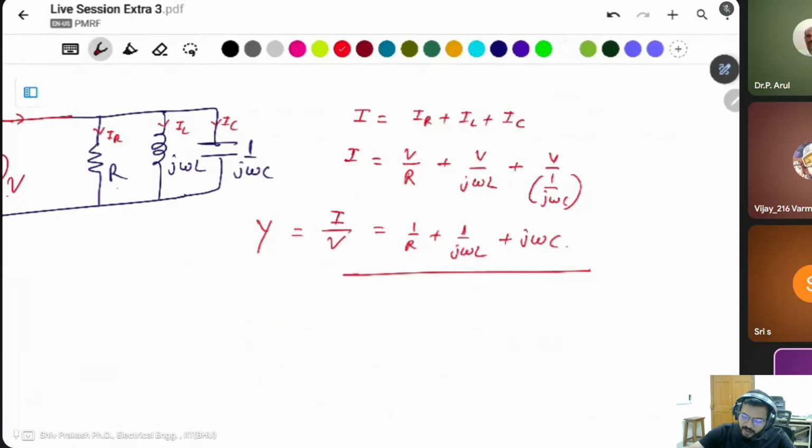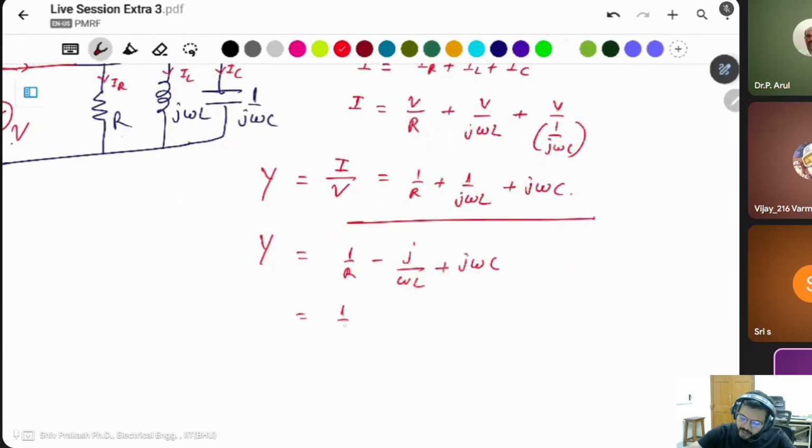If you want to find the resonance frequency in this case, what is this? 1 by R plus, you can say, J divided by omega L plus J omega C. Taking J common: 1 by R plus J times (omega C minus 1 by omega L).